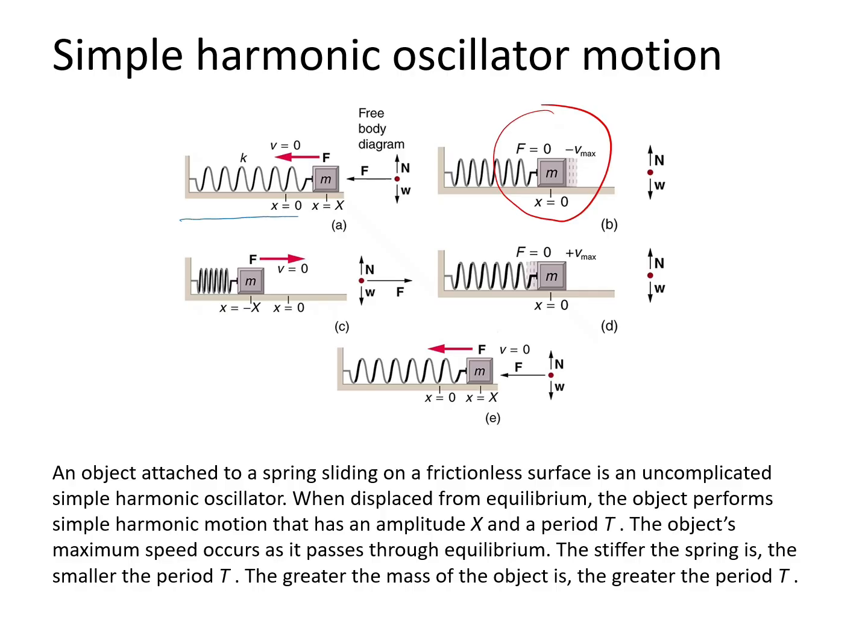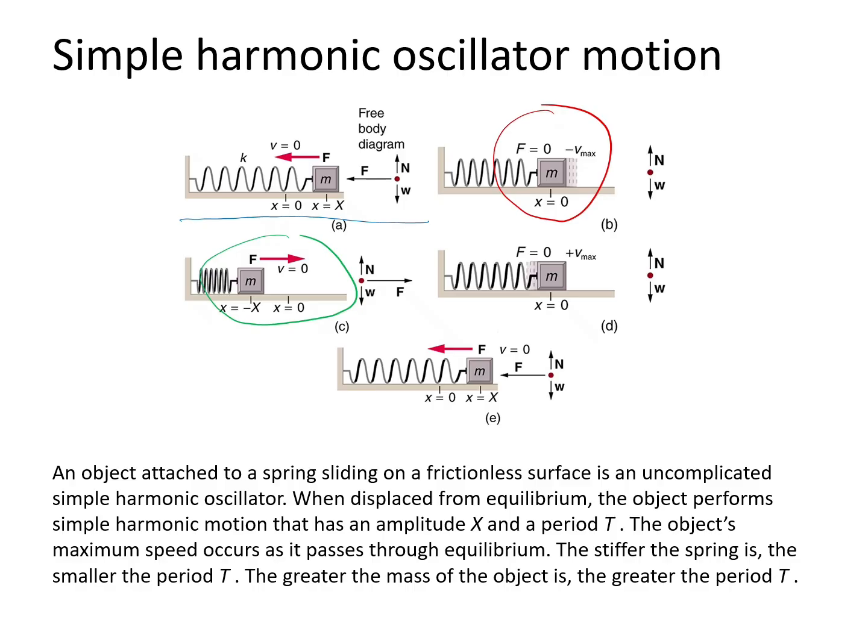If the mass is pulled to the right, the spring pulls it back to the left. If the mass moves to the left and compresses the spring, it pushes it back to the right. The spring force is always directed toward equilibrium. Because the acceleration is in the same direction as the net force, the acceleration is also directed toward the equilibrium.